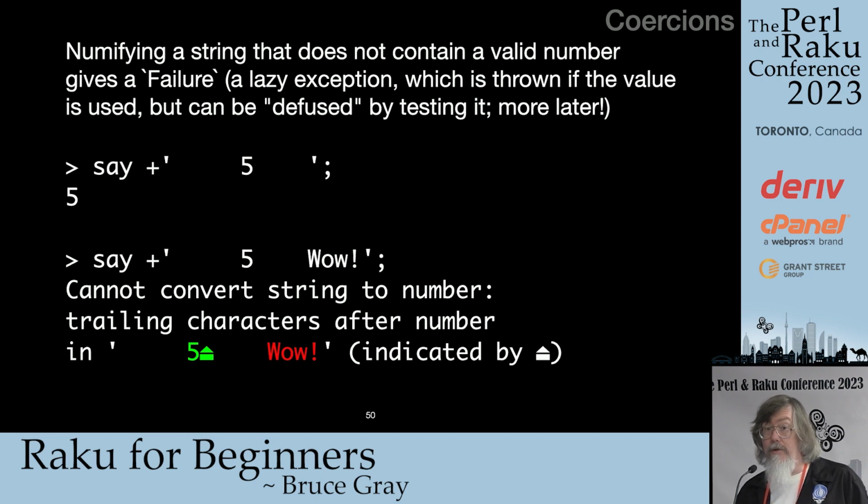Perl tries to create a number, and if it fails, then all it can give you, if you've told it it has to be a number, is 0. That's the best it can do, and give you a warning if you have warnings turned on. So it's yelling at you a different way. If you defuse the failure, and do it in numeric context, that will also be 0, I think. I haven't ever tried it. Does that answer your question? It's a subtle point I hadn't thought about.